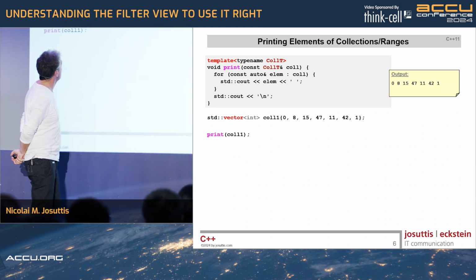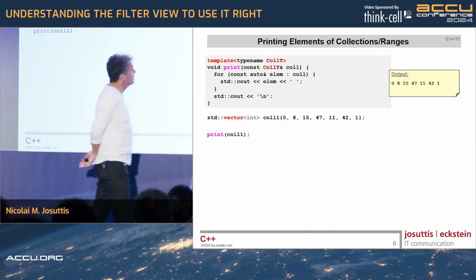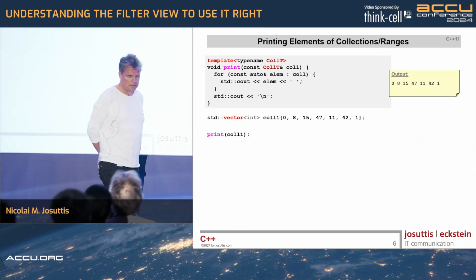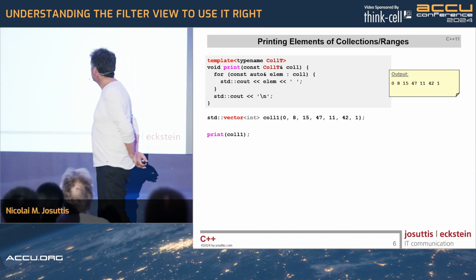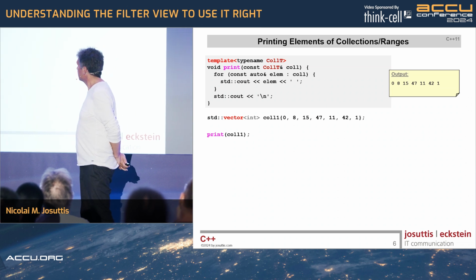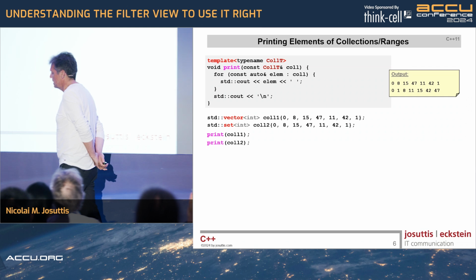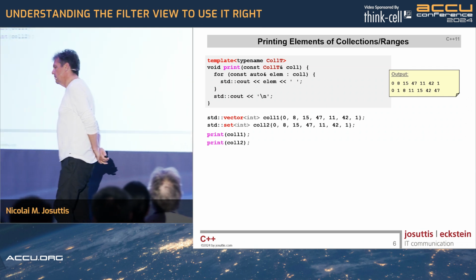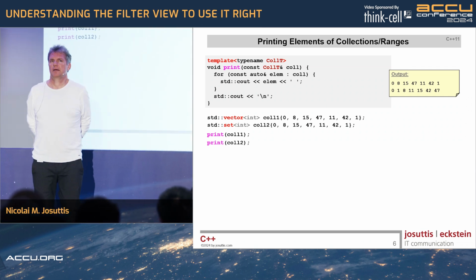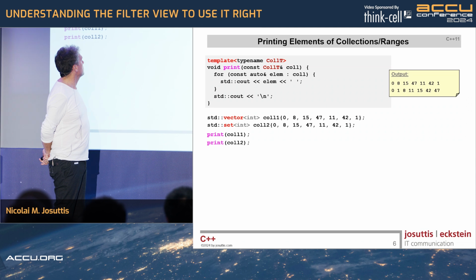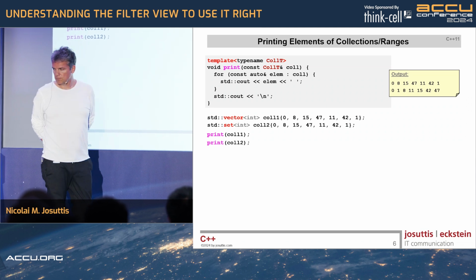So it's a generic function printing out all the elements. And as an output, you see the values of the elements written to cout. Okay. That can be done with other containers like a set. Set is automatically sorting the elements. So initialized with the same value, so you get a different output.